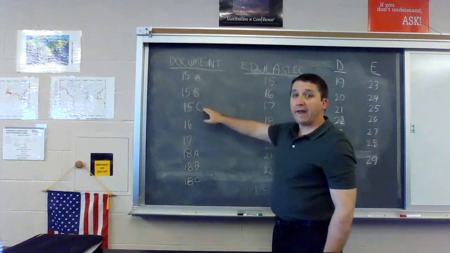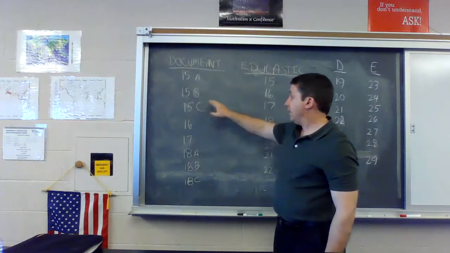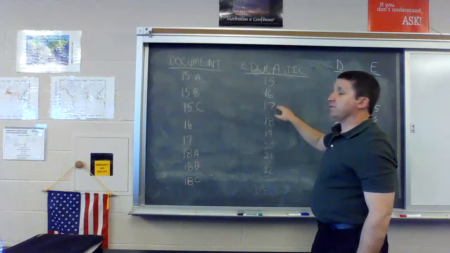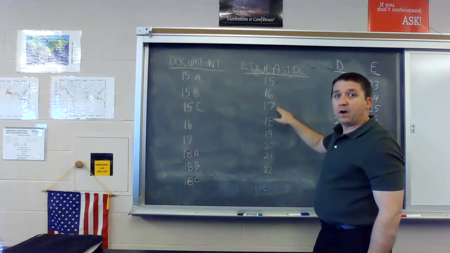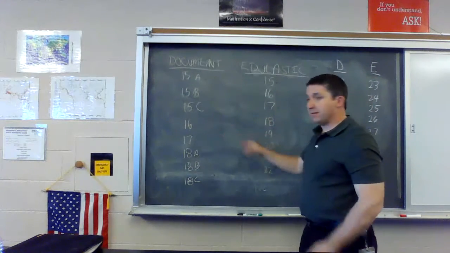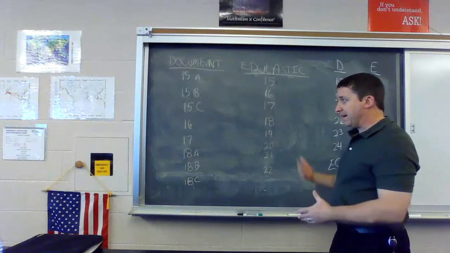And then the range for problem 15 is going to correspond to question number 17 on Edulastic. And then, of course, everything else is kind of off from there because of that.